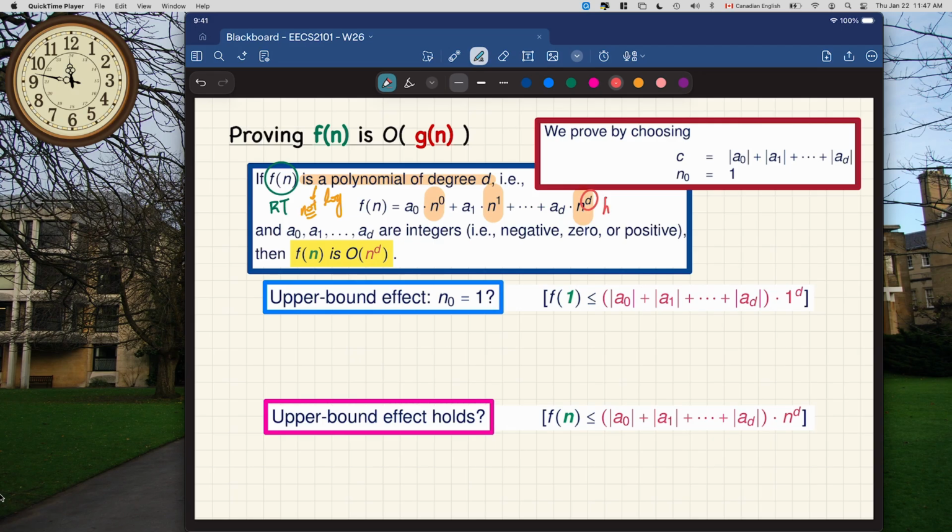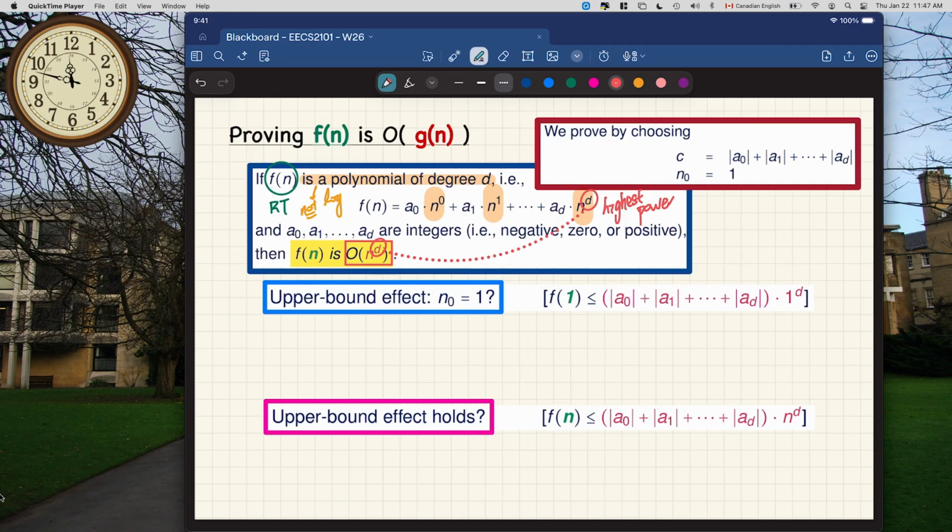The d here is the highest power. As soon as you identify the highest power, you can say it's going to be big O of that highest power. The d here corresponds to the d right here. That's how you identify the highest power in the polynomial and say it's a big O of that.